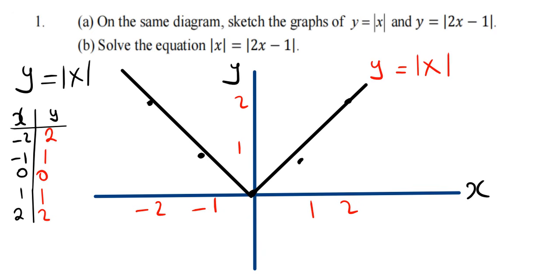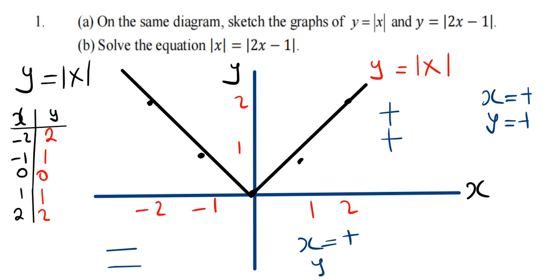Another way you can graph this is you look at the value of x in the modulus, which is positive, and you also look at the value of the whole function, y equals a positive modulus, so the value of the whole function is also positive. In this quadrant, x is positive, y is positive. In the other quadrant, x is positive, y is negative.